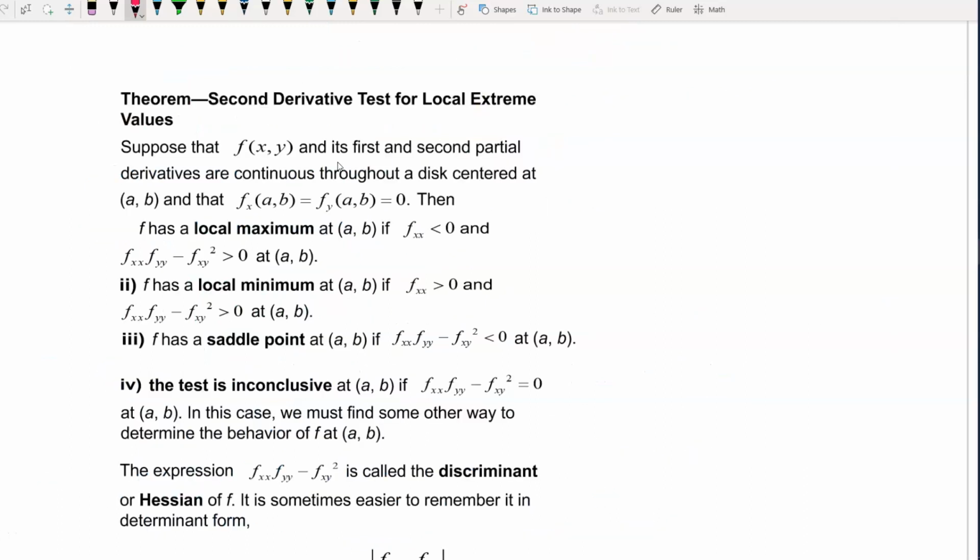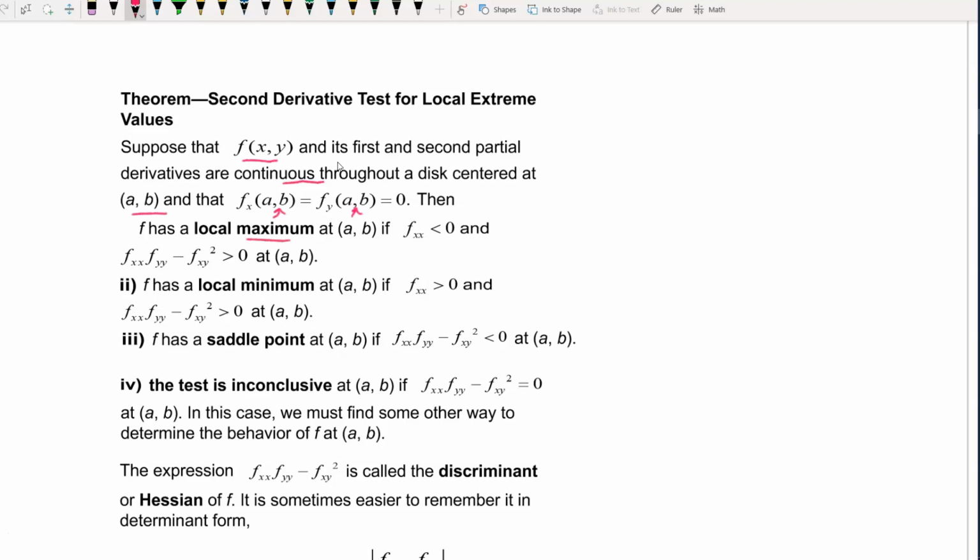Second derivative test for local extreme values. Suppose that f of x, y and its first and second partial derivatives are continuous throughout a disk centered at a, b, and that the partial derivative of f with respect to x is equal to the partial derivative of f with respect to y, and that is equal to 0 at this point a, b.